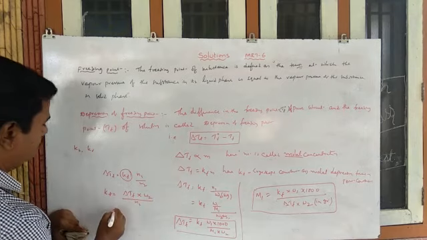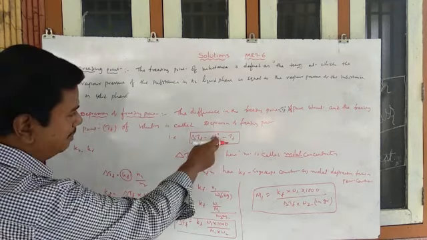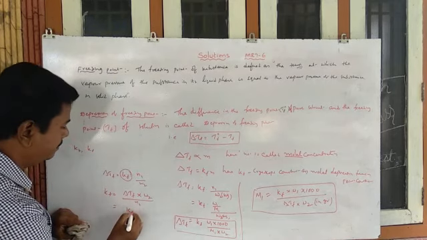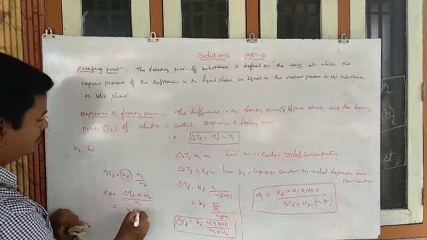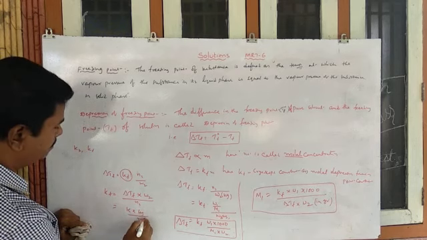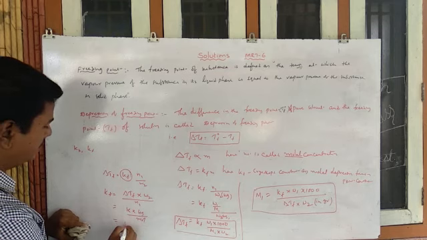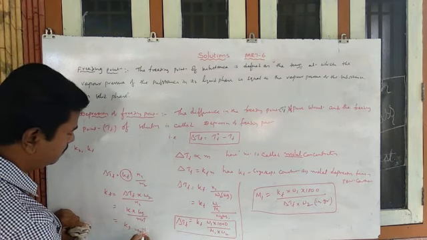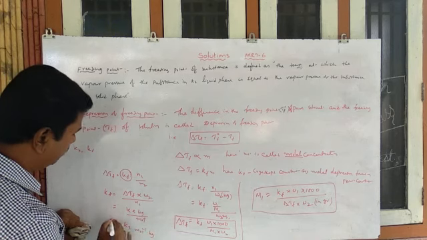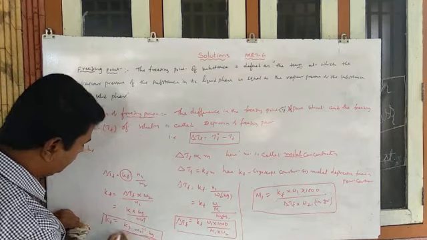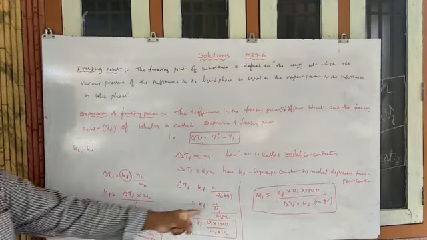So delta Tf means difference in temperature. Temperature is measured in the Kelvin scale. So Kelvin. And W2 means kilograms. N1 is moles. So Kelvin kilogram mole inverse is the unit for Kf, the cryoscopic constant.